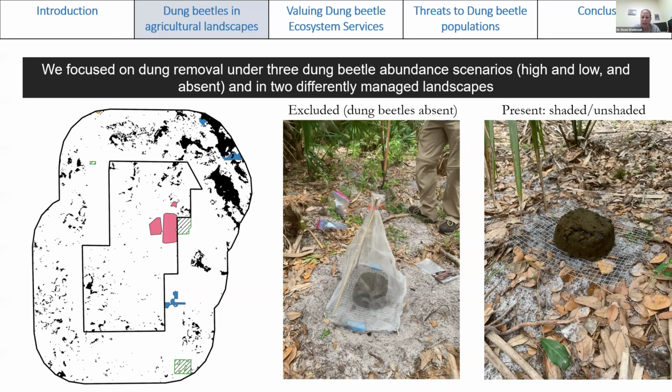And we placed these experimental mesocosms in open cattle pastures and in locations where it was shaded. You can see from the map on the left, all of the dark spots on the map represent tree canopies within ranches. And so we decided to put 40 of these around each of these locations just to see how much dung was degraded over the course of 6 weeks.